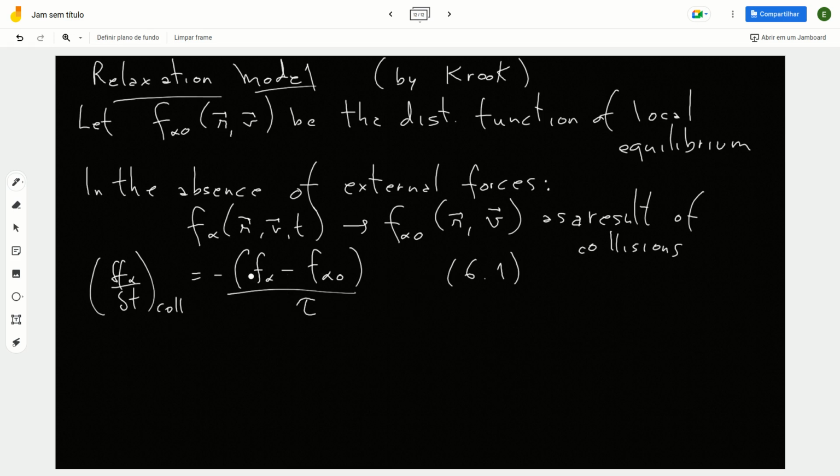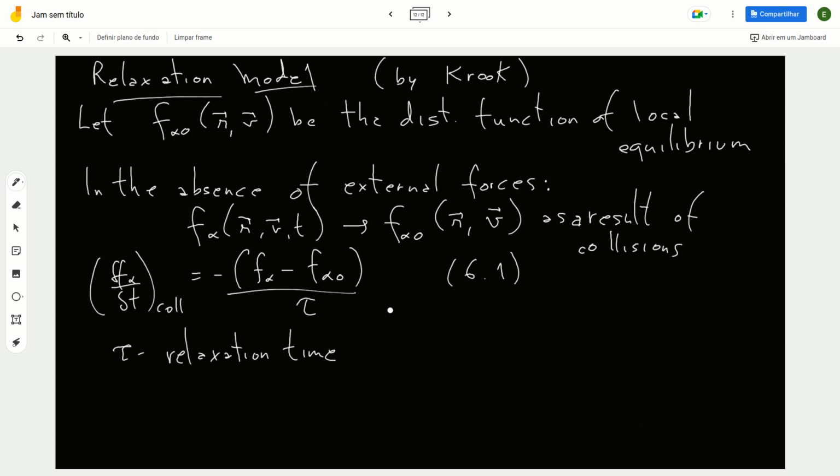So I have the difference between the distribution at time t and the distribution at equilibrium, the asymptotic value of the distribution. And tau is a relaxation time. It's the time it takes to reach this equilibrium. It's usually of the order of the mean time between collisions.